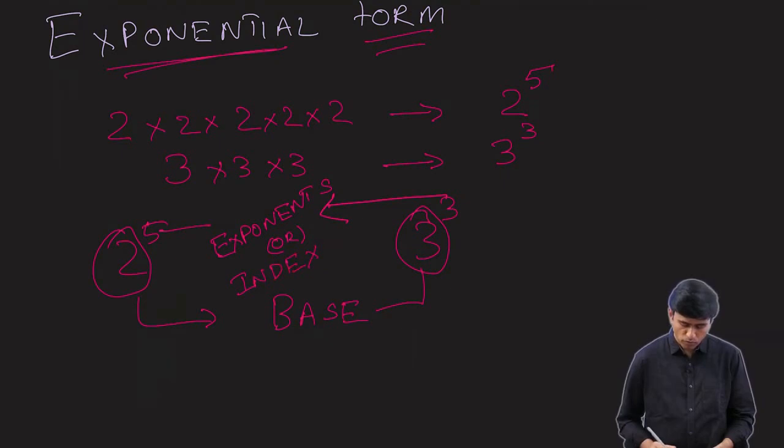So 2 and 3 are called the base and 5 and 3 are called the exponents or index.